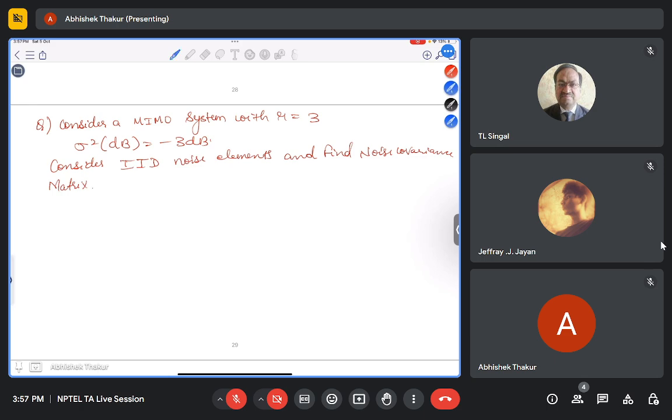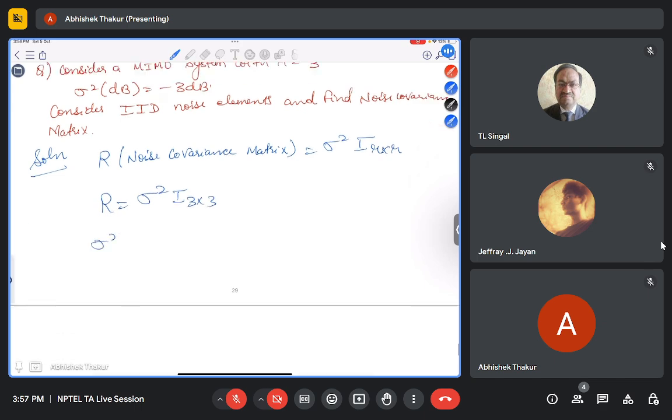So for this, the noise covariance matrix R is given as sigma squared into I 3 cross 3, that is R cross R for R receive antennas. So R is equal to sigma squared I 3 cross 3.